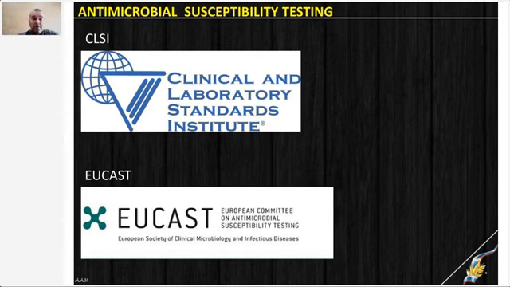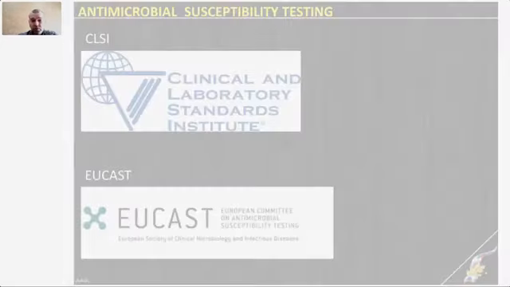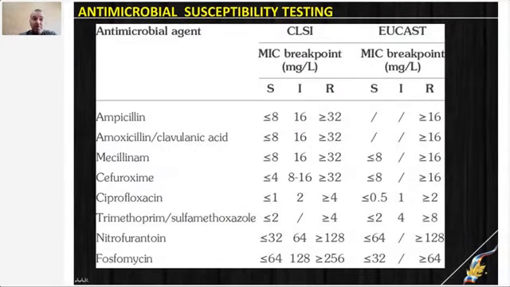Those 2 organizations perform regular and constant monitoring of the activity of multiple antibiotics. And annually they publish guidelines of antimicrobial testing. Of course, no one will try even to remember every number, but you can open the guidelines and you will see charts for every bacteria or bacterial group.